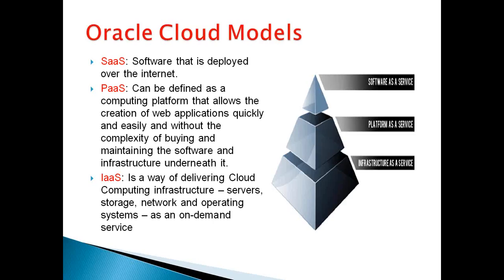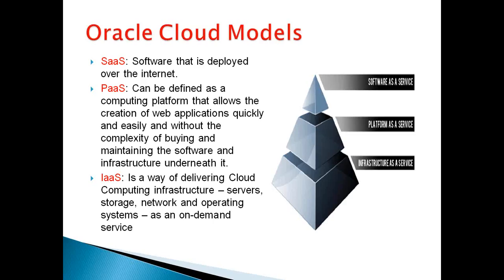Then the third category in the cloud model is infrastructure as a service, which is mainly dealing with the servers, storage, network, and operating systems as an on-demand service again. Otherwise, customers have to invest a lot in the infrastructure, as we are seeing with the traditional e-business and PeopleSoft applications, which are generally on-premise implementations, where the customer has to invest a lot of money in infrastructure.